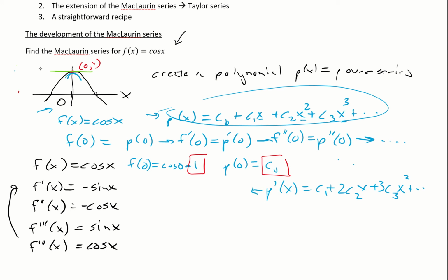So therefore, what we find is that p prime of 0, look. See all the zeros here for x still? Is now c1. Okay? So p prime of 0 is just equal to c1. On the other side, f prime of 0 is minus sine of 0 is equal to what? 0.